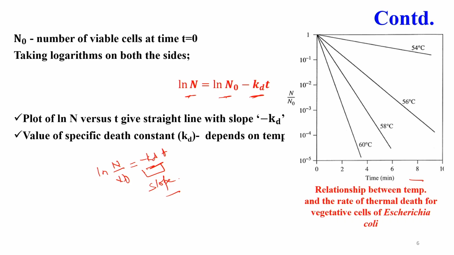And further, what we are seeing over here is that at different temperatures we get different slopes. The slope is dependent on the temperature. So, it says that Kd depends on temperature, and it depends on temperature through the Arrhenius equation that we are going to discuss.